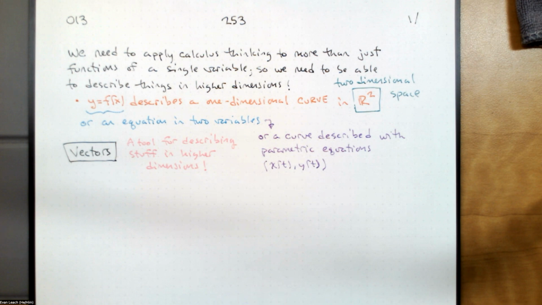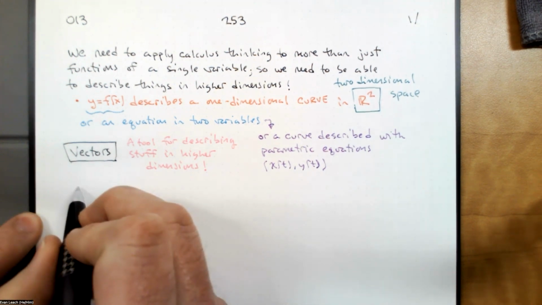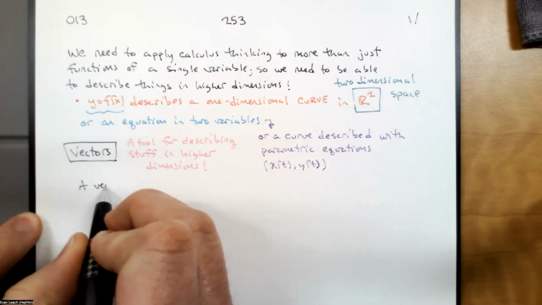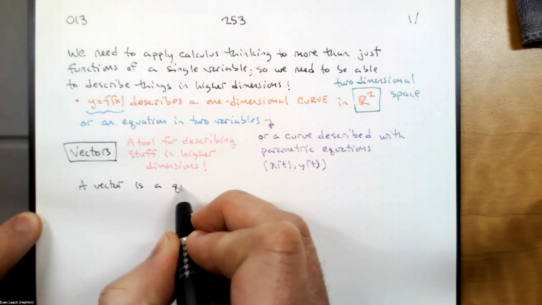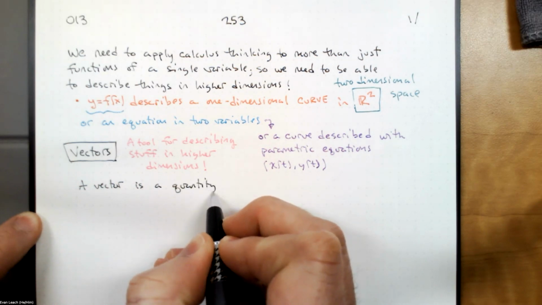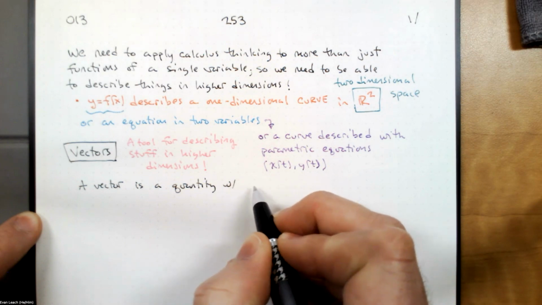Vectors are quantities with magnitude and direction. A vector is a quantity with magnitude and direction.